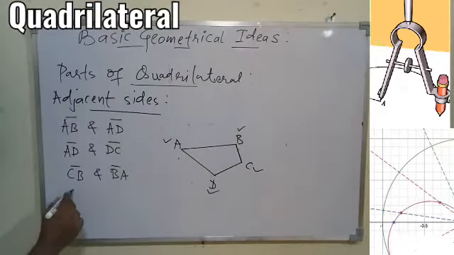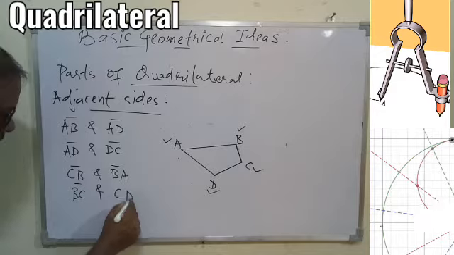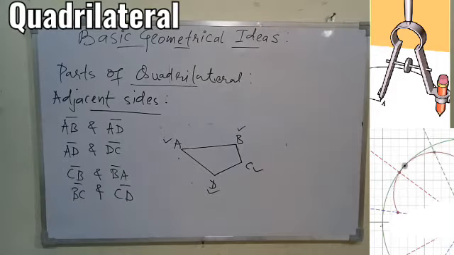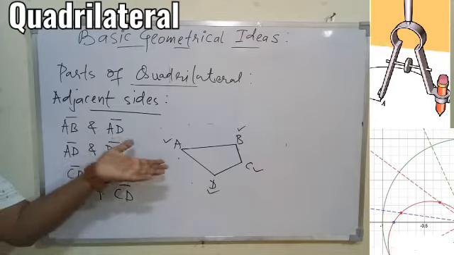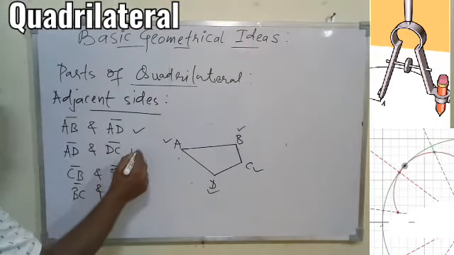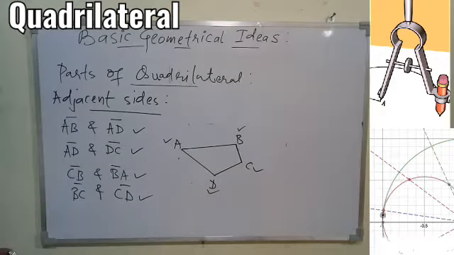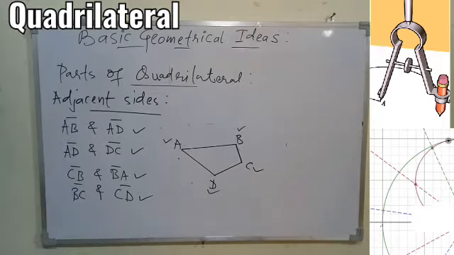So this we can say BC and CD. So these are the different line segments or the sides of the quadrilateral, and these are adjacent sides. This is one pair of adjacent sides, another, third and fourth. So we have 4 pairs of adjacent sides in a quadrilateral. I hope you understood this also.